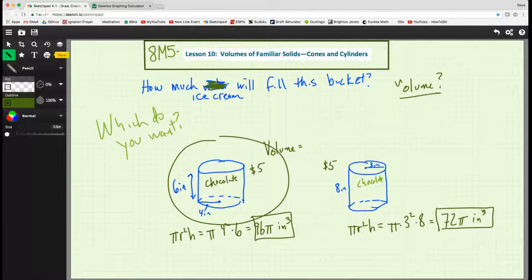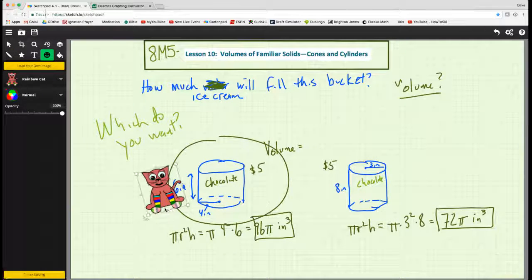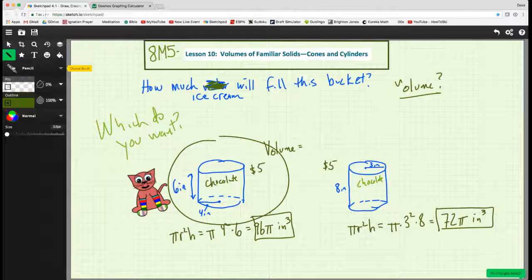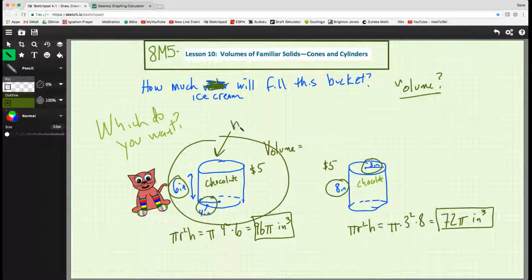Happy Cat is on the prowl, and Happy Cat says, I want this one. Wow, it's kind of weird. This one over here is 2 inches taller than this one, and it's a little bit skinnier, but this one is way the better deal. This one has more ice cream. And Happy Cat says meow to that.